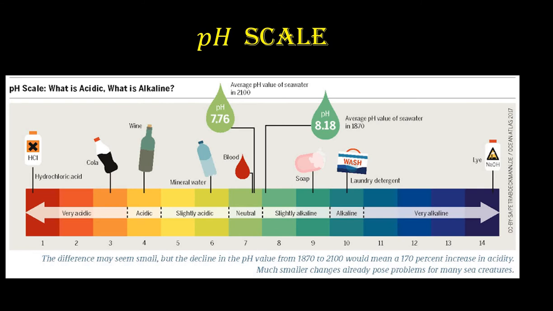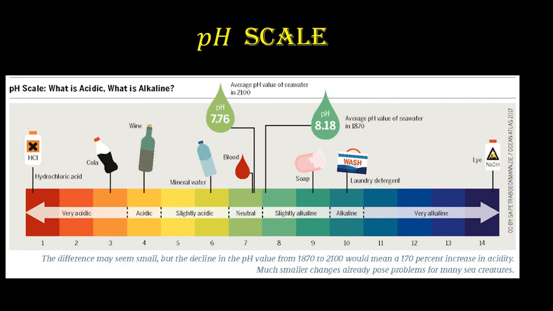Here the scale shows the most acidic, that is HCl, hydrochloric acid, which is very acidic, having a pH value of 1. Then comes Coca-Cola with a pH value of 3. Then wine, which is again acidic with a pH value of 4. Then slightly acidic solvents like mineral water having a pH value near about 6.